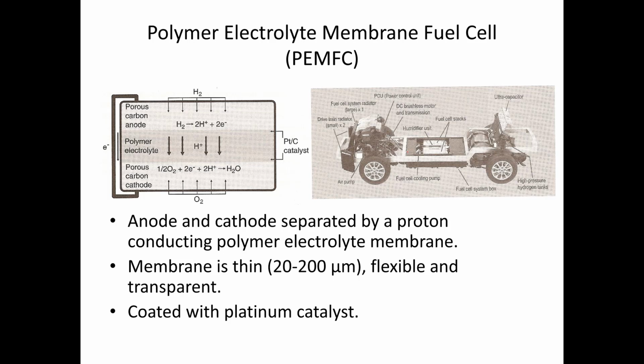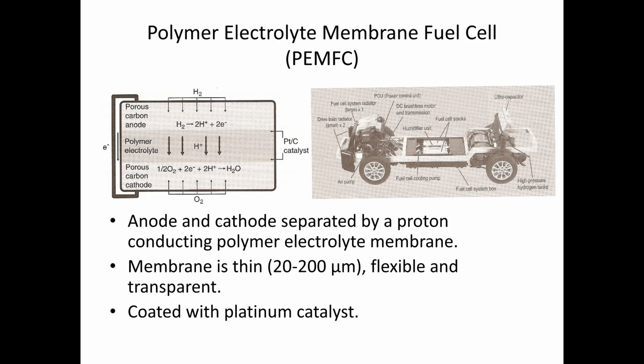Moving on to the PEM fuel cell, the polymer electrolyte membrane, or proton exchange membrane, is another word for this. If you've ever heard of fuel cell cars, these would be the type of fuel cells that are located in fuel cell cars. So again, you have a porous carbon electrode, separated by a polymer electrolyte.